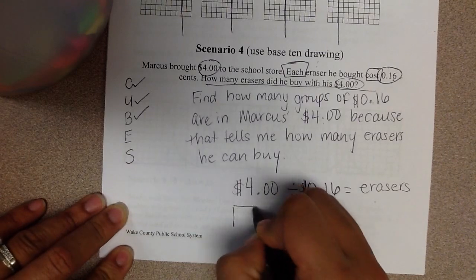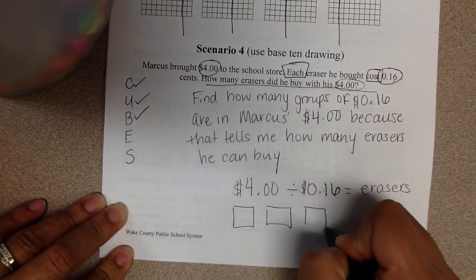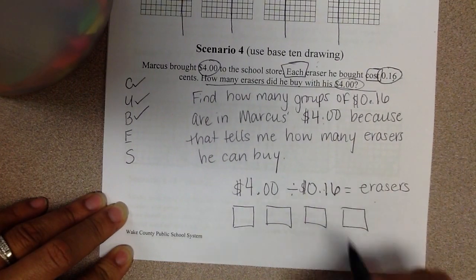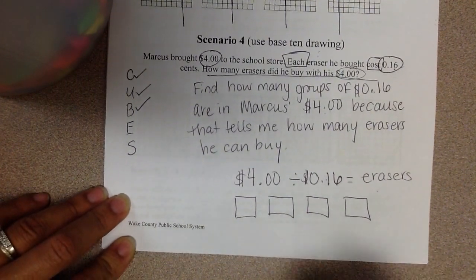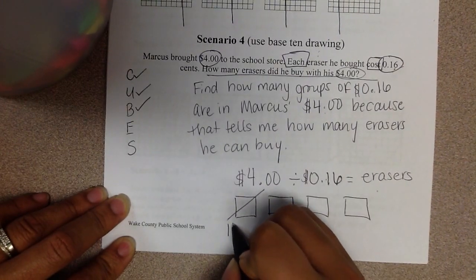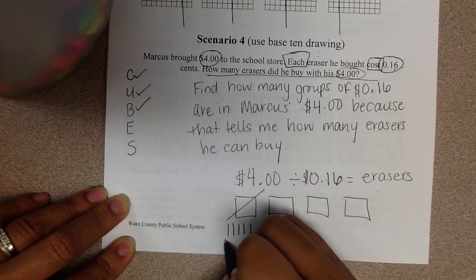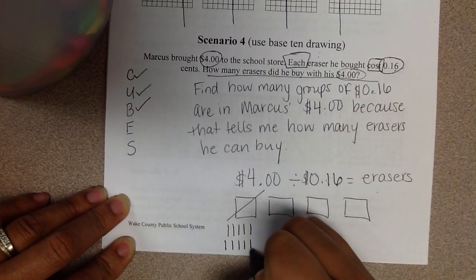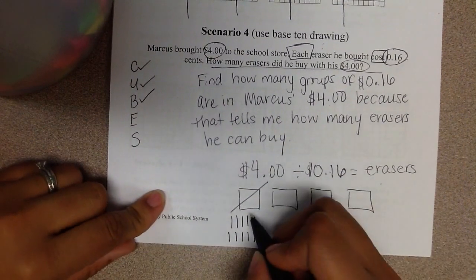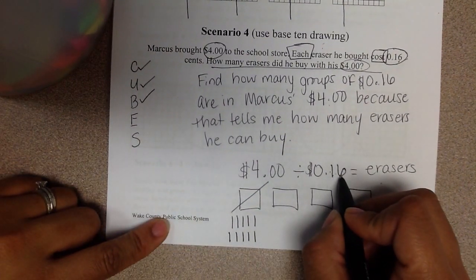So if I have 4 wholes, and I can't break it down into 16 hundredths right now, so I'm going to break this one down into 10 tenths. 1, 2, 3, 4, 5, 6, 7, 8, 9, 10. I know that I need 1/10 and 6 hundredths in each group.